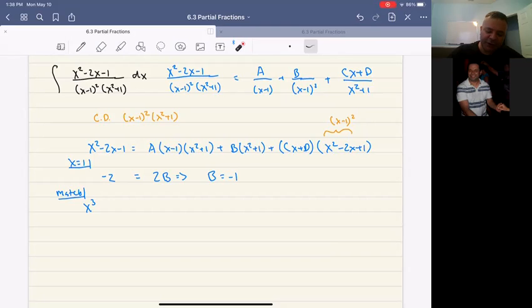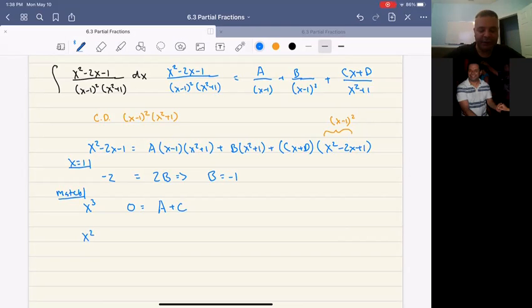So on the left-hand side, we are getting 0. There's no x cubed term there. But on the right-hand side, we're going to get a plus c.